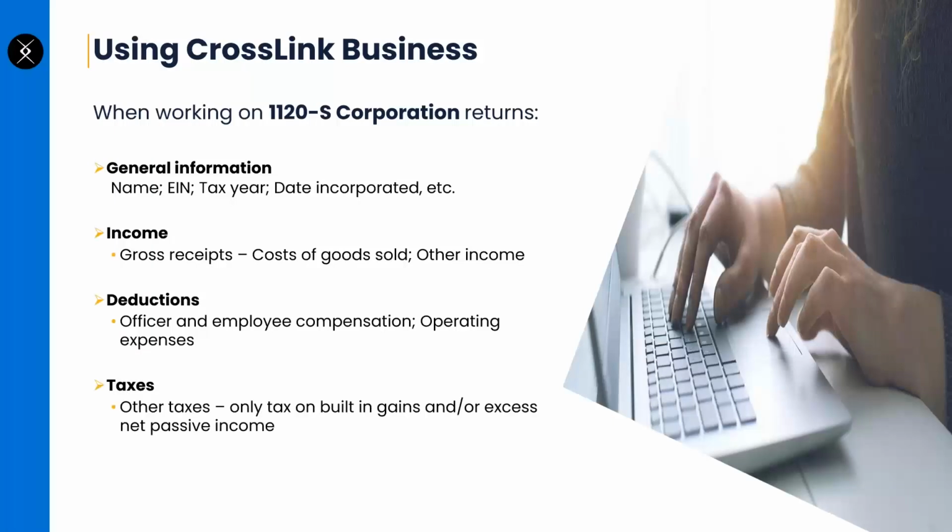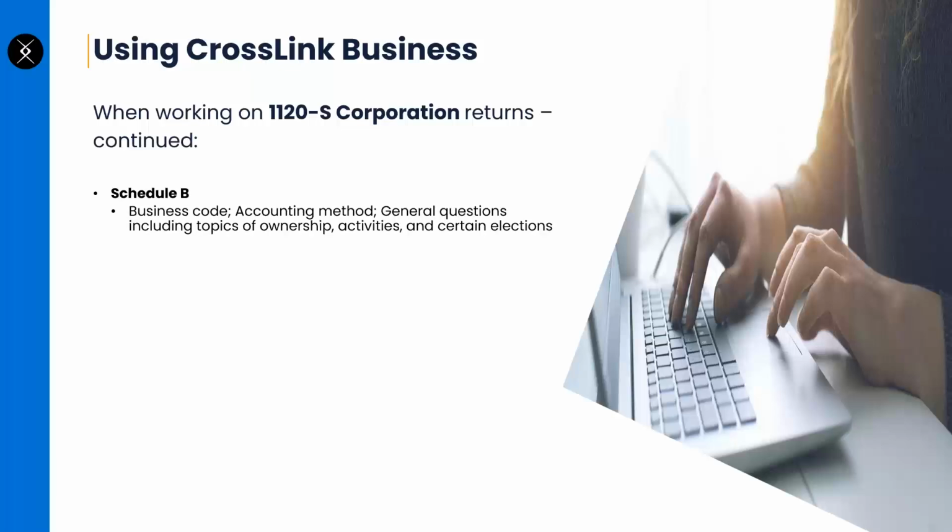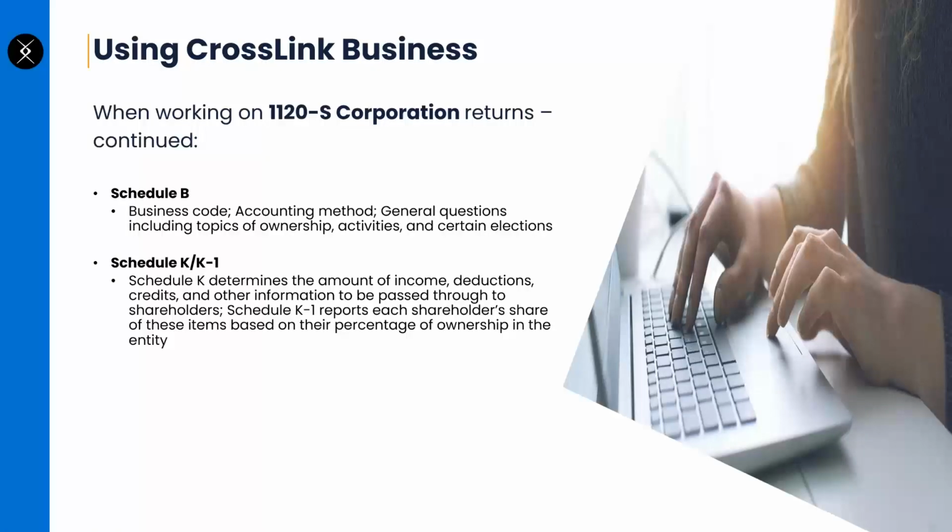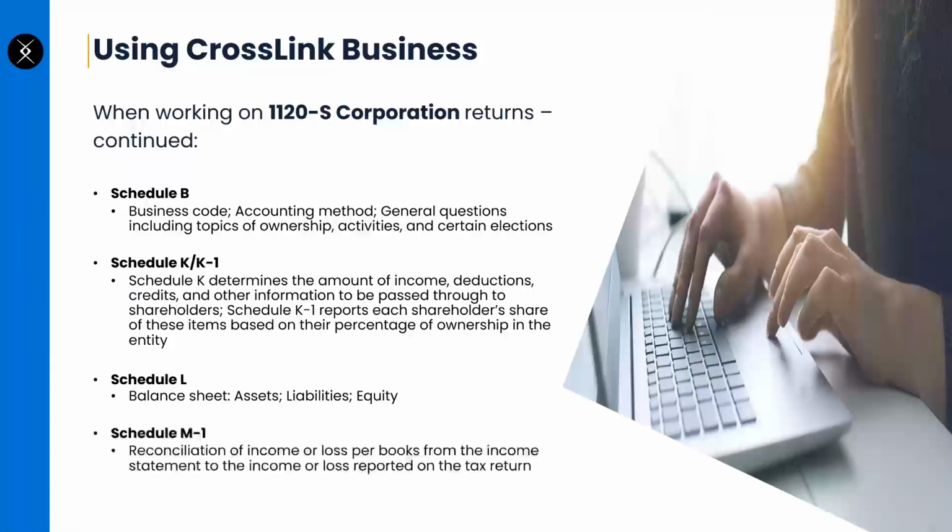Other taxes only tax on built-in gains and or excess net passive income. There's also the Schedule B, and again, a K and a K1. Schedule L for the balance sheet, and the Schedule M1 and M2.